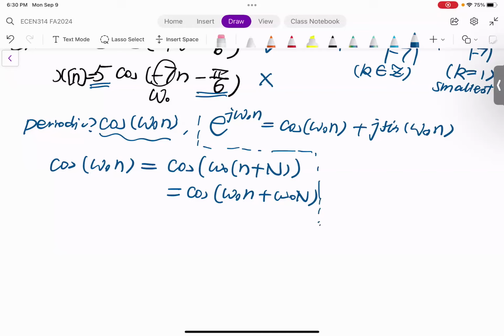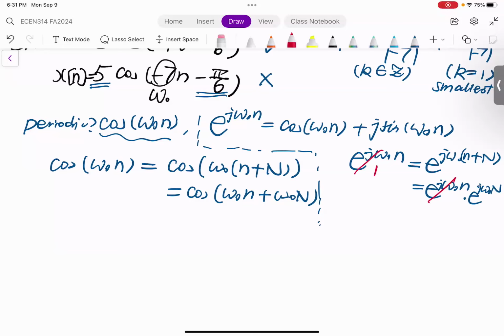If it's not clear to you, let's look at the complex signal, e to the j omega naught n equal to e to the j omega naught n plus a period, and the right-hand side equal to e to the j omega naught n times e to the j omega naught capital N. So we can factorize it, and then we can cancel both sides, and then the left side only remains 1.